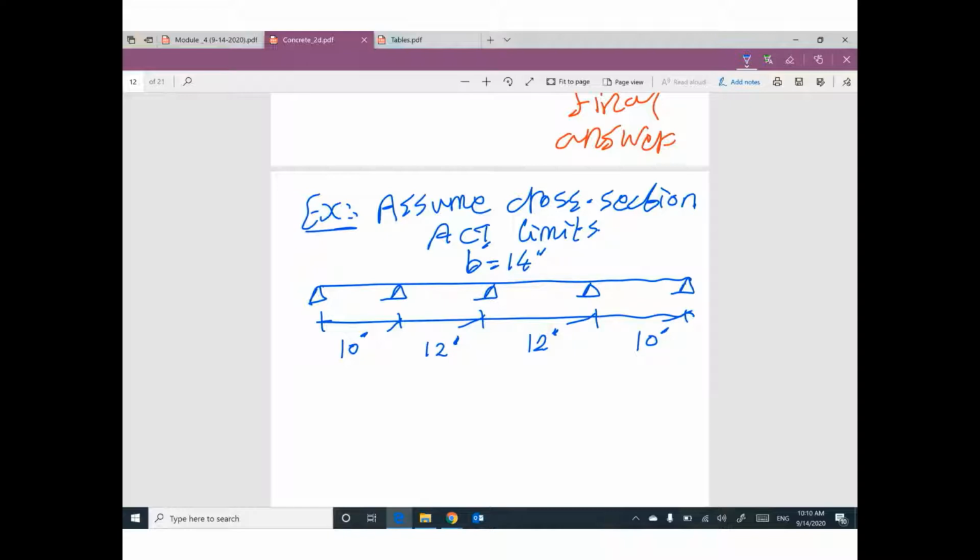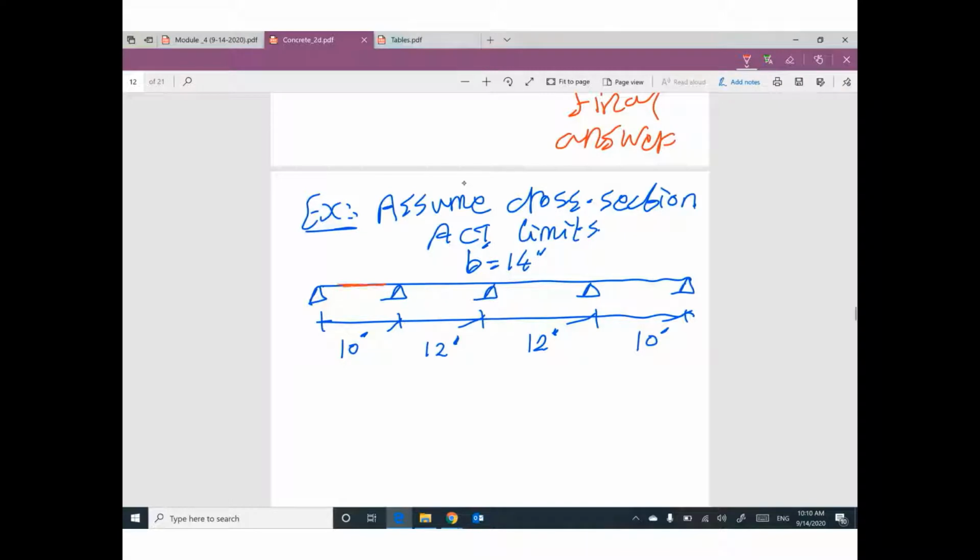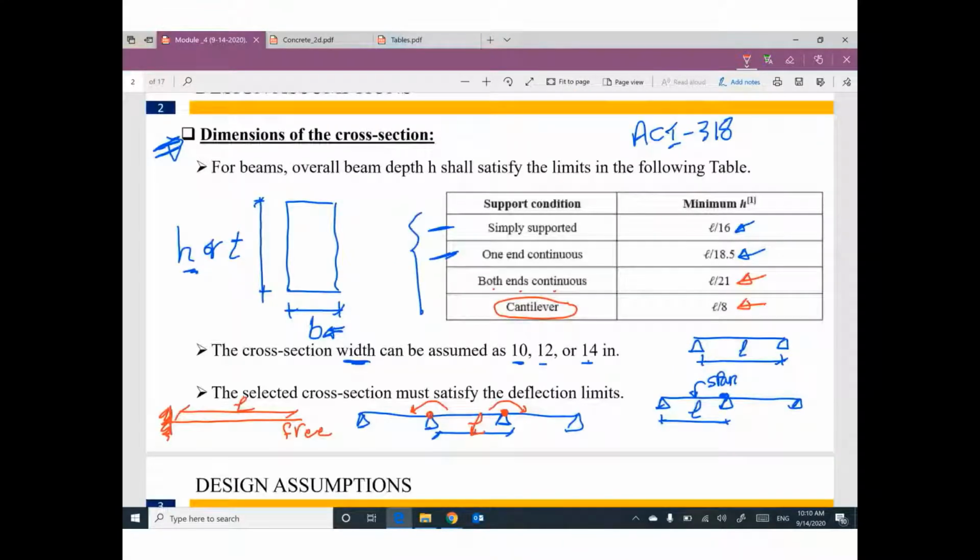If you start with this span, what is the assumed number? What do you think? Is this span simply supported? I don't think so, because this span is continuous from this side. We have another span continuous. So in this case, one end continuous. So your overall depth can be L divide 18.5.